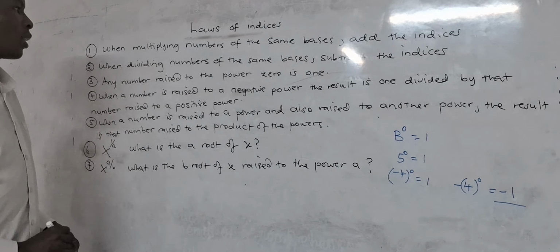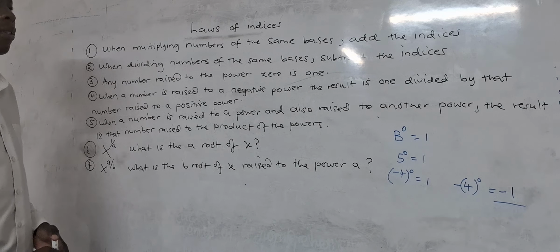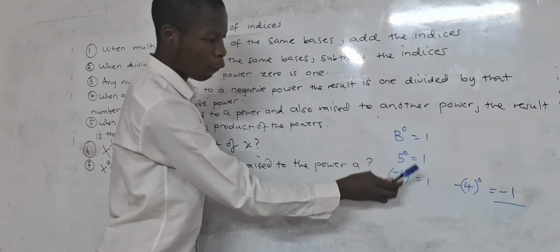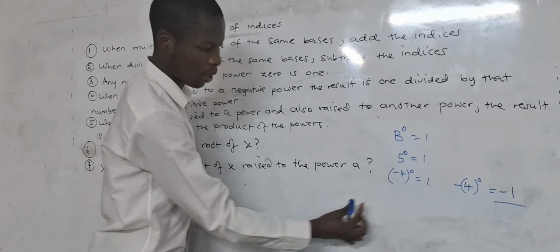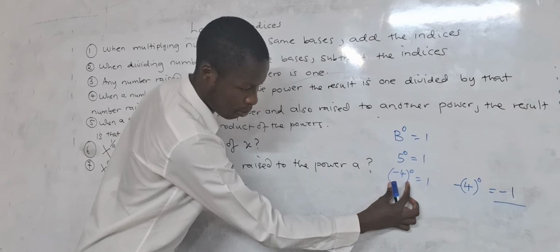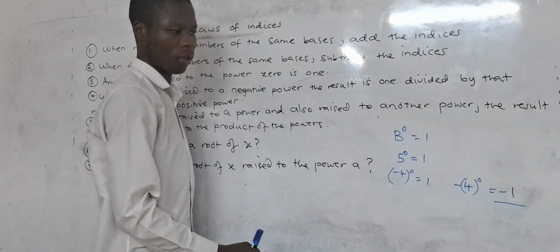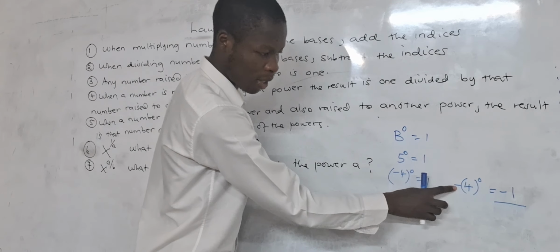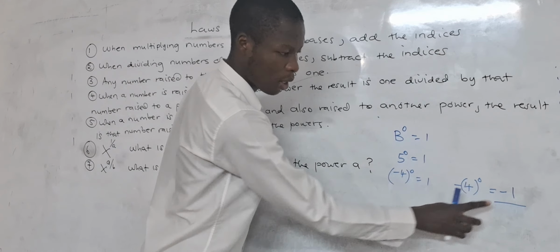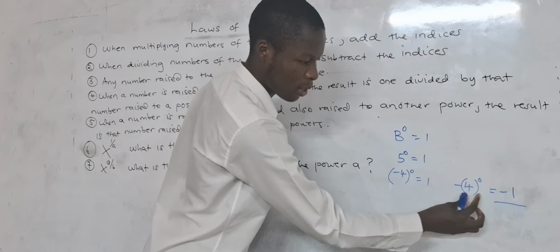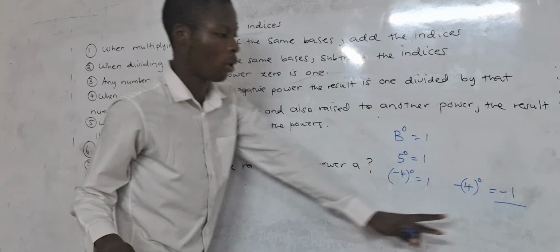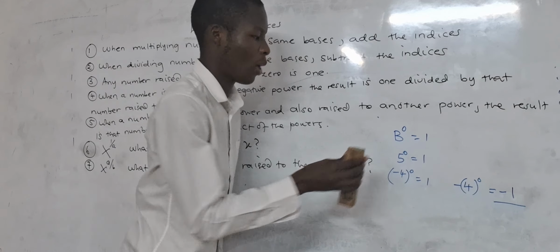Please take note: negative 4 raised to the power 0 is 1, but here only the 4 is raised to the power 0.